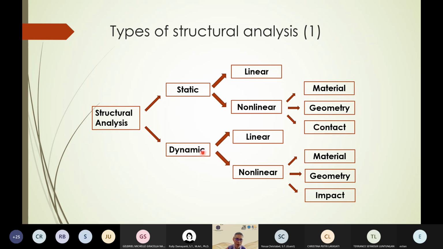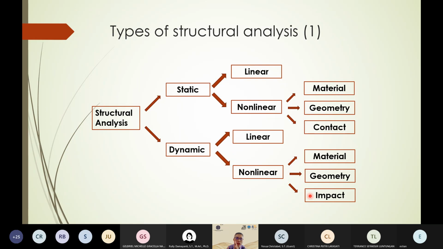For dynamic structural analysis, nonlinear dynamic analysis, we also have the same material, geometric, and impact. Impact means a sudden force on the boundary conditions. This impact analysis may be used, for example, in the simulation of car crash analysis. That's just a brief overview of structural analysis.